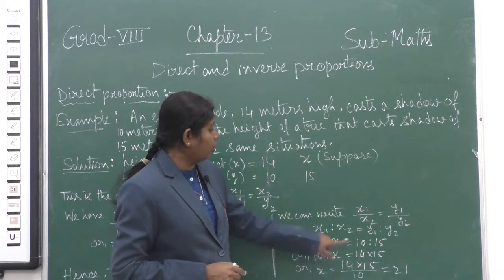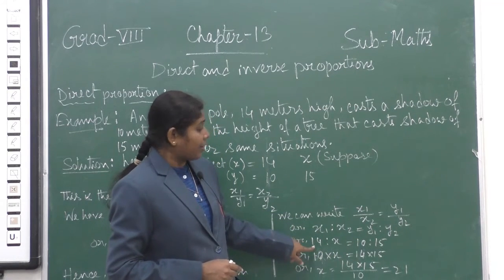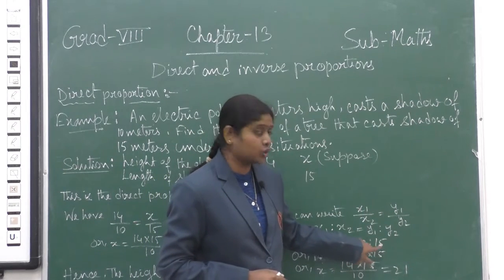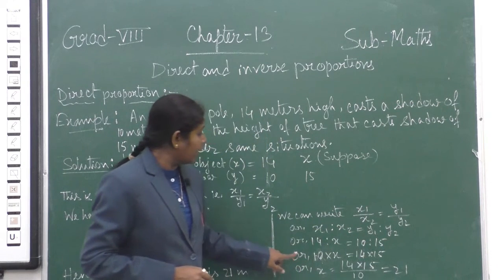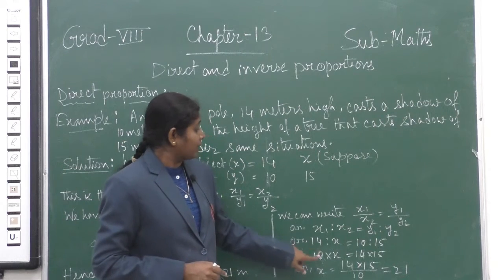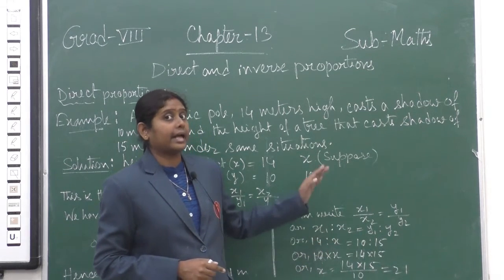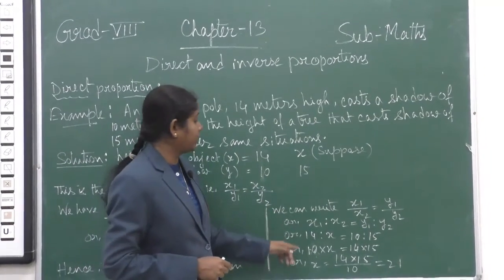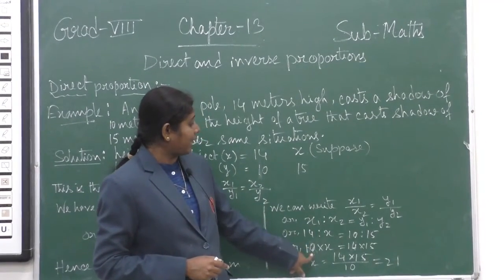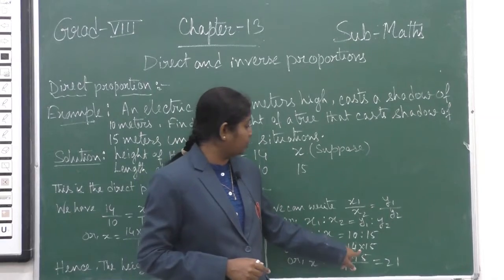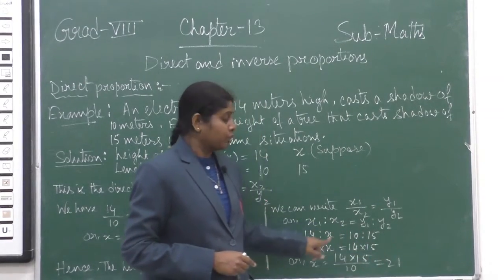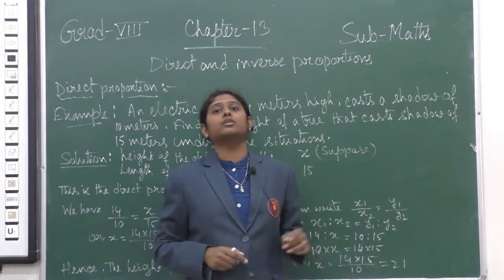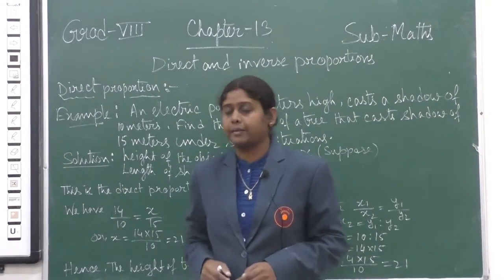After putting in all the known values, 14 is to X is equal to 10 is to 15. Taking it as a fraction and using the linear equation concept, we can write 10 into X is equal to 14 into 15. So X is equal to 14 into 15 by 10, which gives you the value 21.